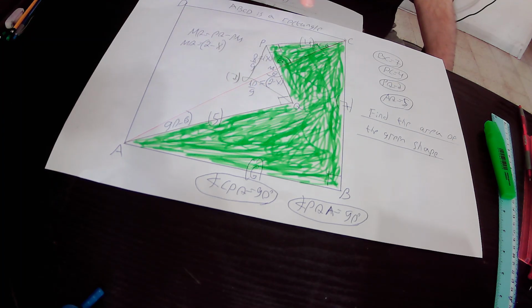And because the area of triangle ABC doesn't include the area of this small green right triangle PCM, we have to add the area of the small green right triangle PCM. So in conclusion, the area of the green shape in total equals the area of triangle ABC minus the area of the right triangle AMQ plus the area of the small green right triangle PCM.